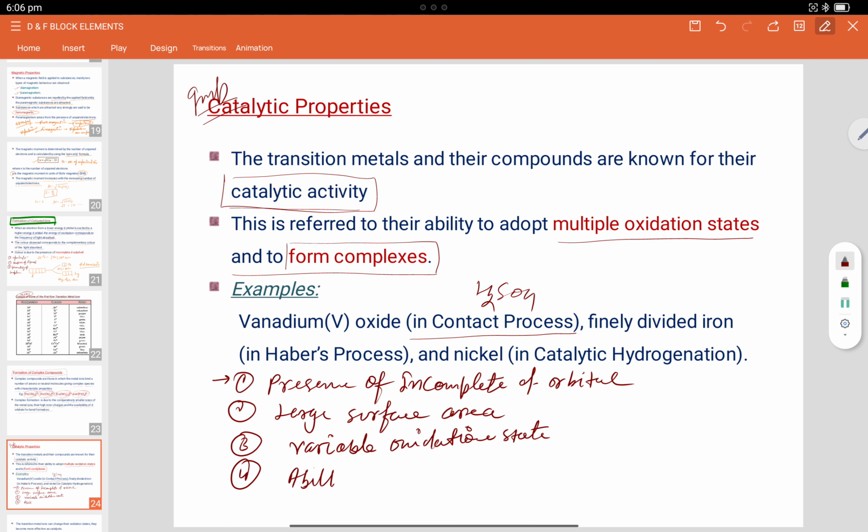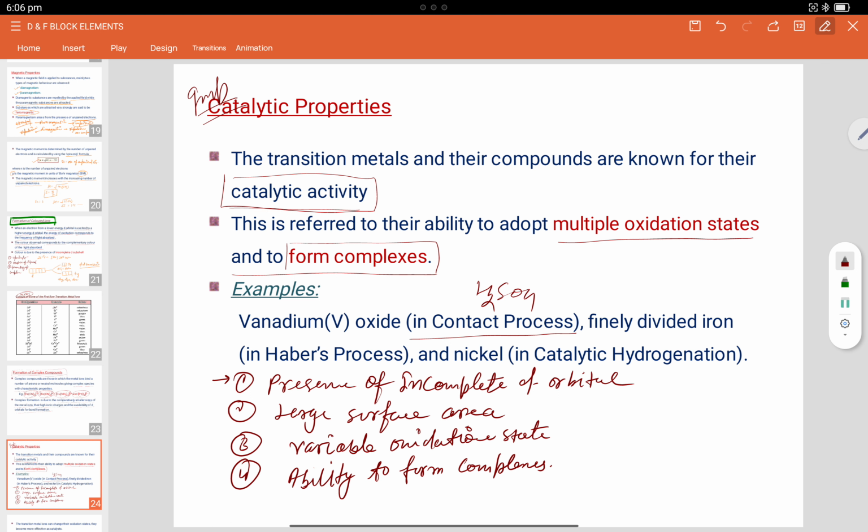So these are the reasons why these d block elements and their compounds work as a catalyst.